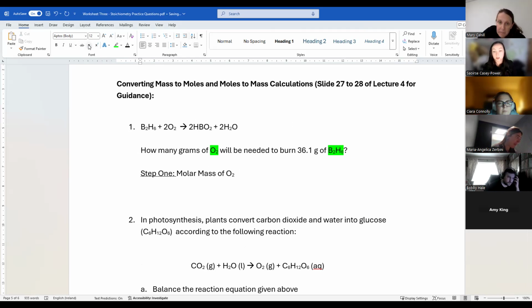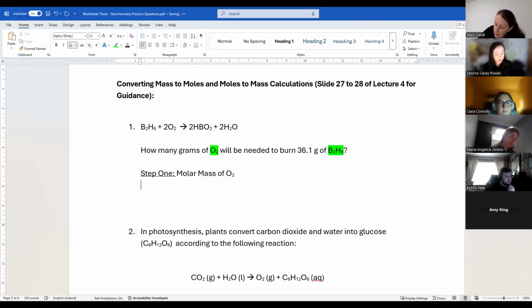Okay, so molar mass of, I'll do both of them. Molar mass of oxygen first, all right? So again, list the element that you have. In this case, it's only oxygen. From the periodic table, each atom of oxygen weighs 16 grams per mole.